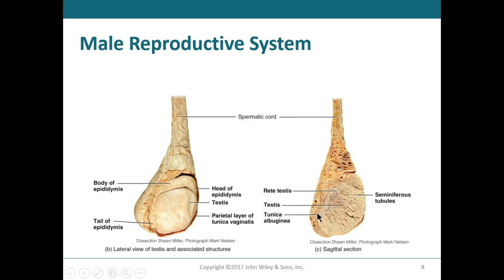Here you can see the tunica albuginea that surrounds the internal part of the testis and then goes into the testis and separates it into the lobules, which is not really visible in this. It's much easier to see in the drawing, but you can also see a cut-through section of the spermatic cord and some of the vasculature running through it along with the vas deferens.